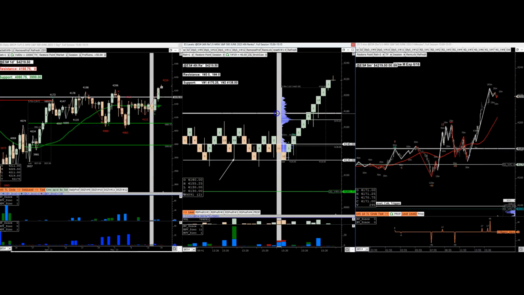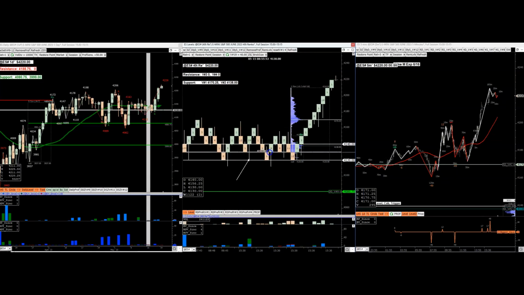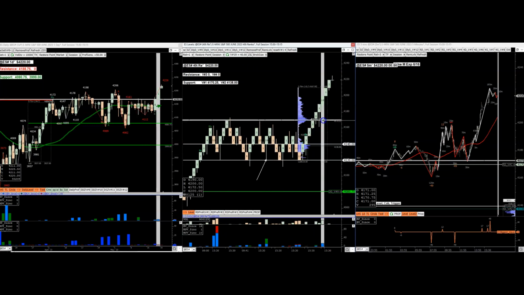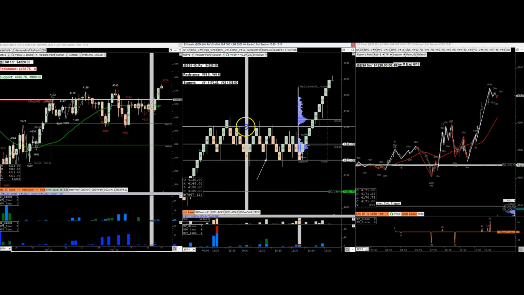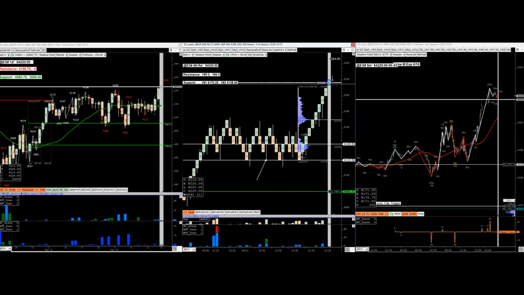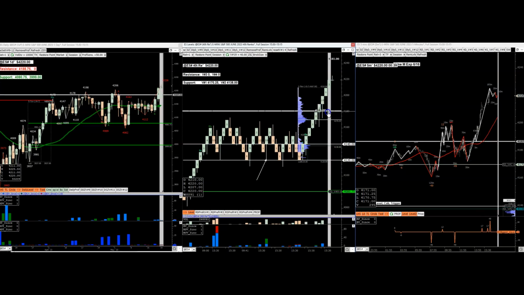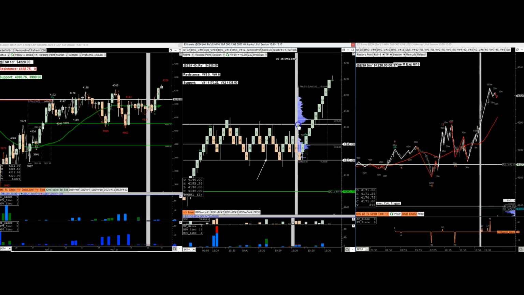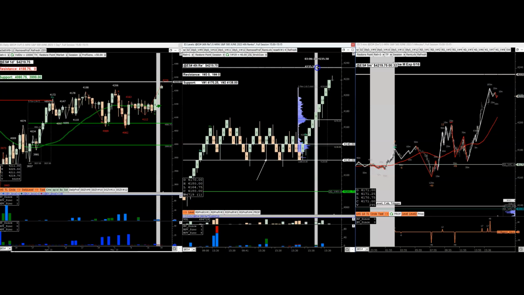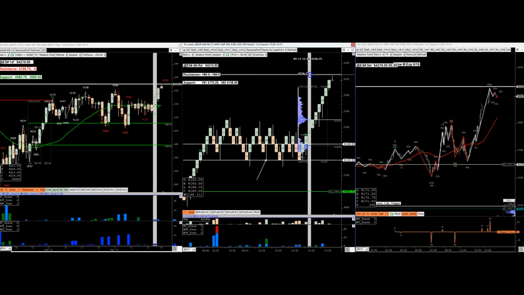So we'll see how this is handled on the pullback, because this is basically a break and test setup right here, supported with heavy volume. This is the high, this is the break, this is the follow through, which is very good follow through. So the break and test should work, because it has volume, it has a base in the background, and it has follow through, all three things you need for a break and test type of setup.